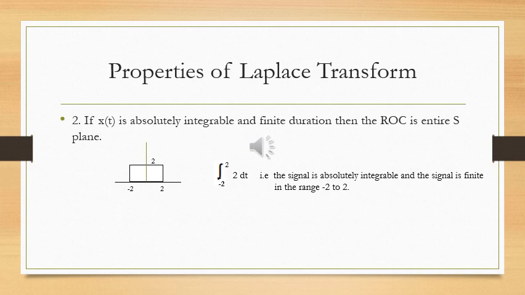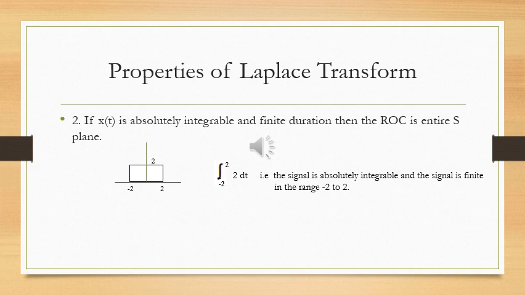Now the second property of Laplace transform is, if x of t is absolutely integrable and of finite duration, then the ROC is the entire s-plane. In order to understand this, let us consider one example. What is the ROC of the rectangular signal ranging from -2 to 2 having an amplitude 2? Looking at the signal, you know that the signal is absolutely integrable.